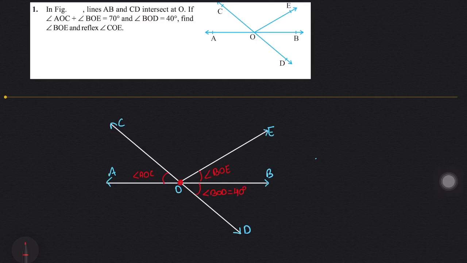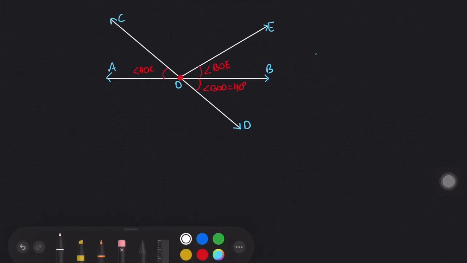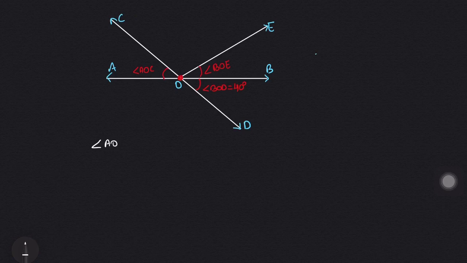So first find the relations. The given terms: angle AOC plus angle BOE is equal to 70 degrees, and also angle BOD is equal to 40 degrees.